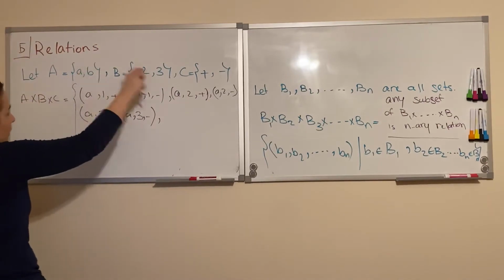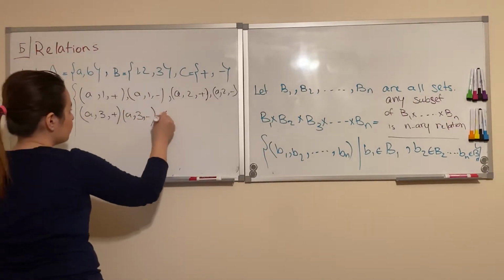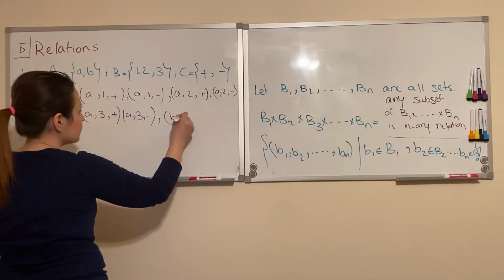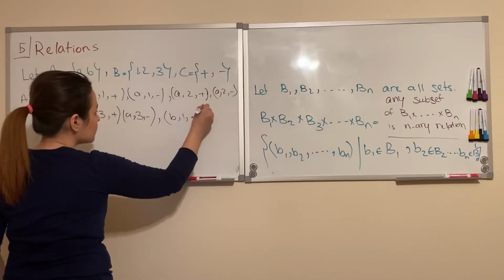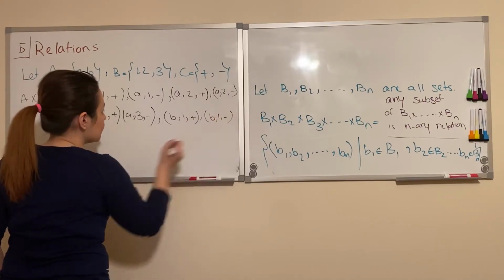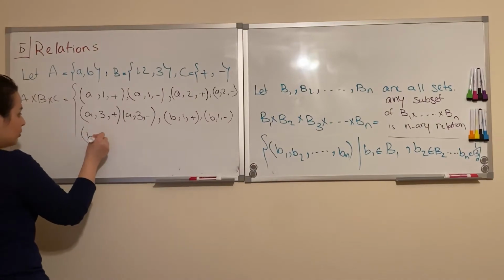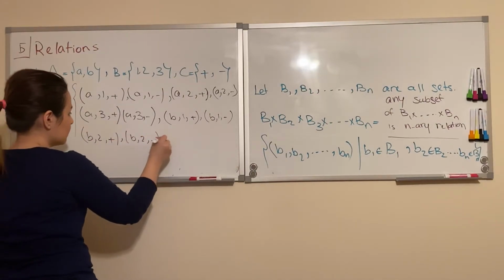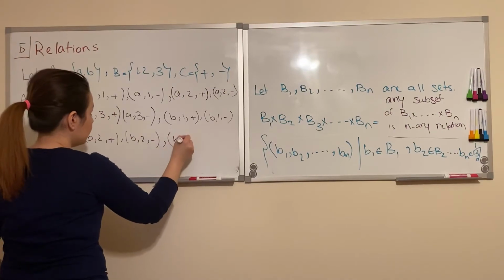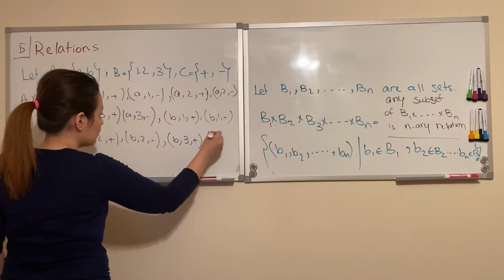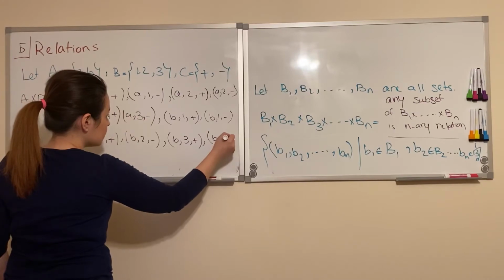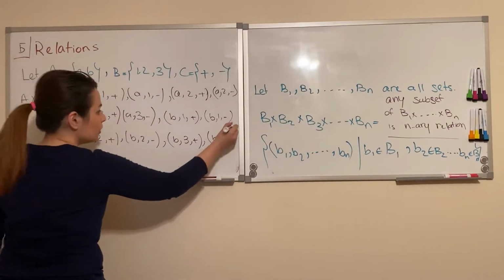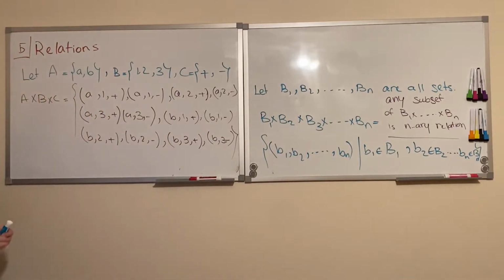And the same for b. I will have b, 1, plus; b, 1, minus; b, 2, plus; b, 2, minus; b, 3, plus; b, 3, minus, and I'm done. You see I have all of these.